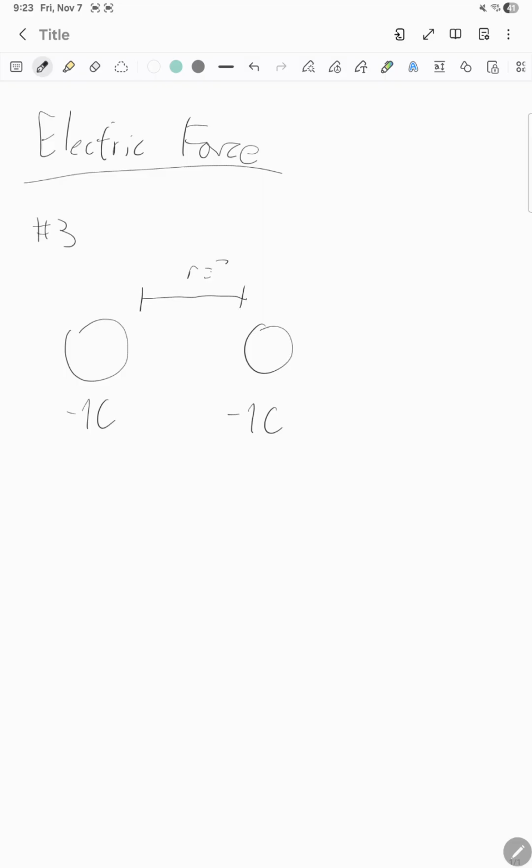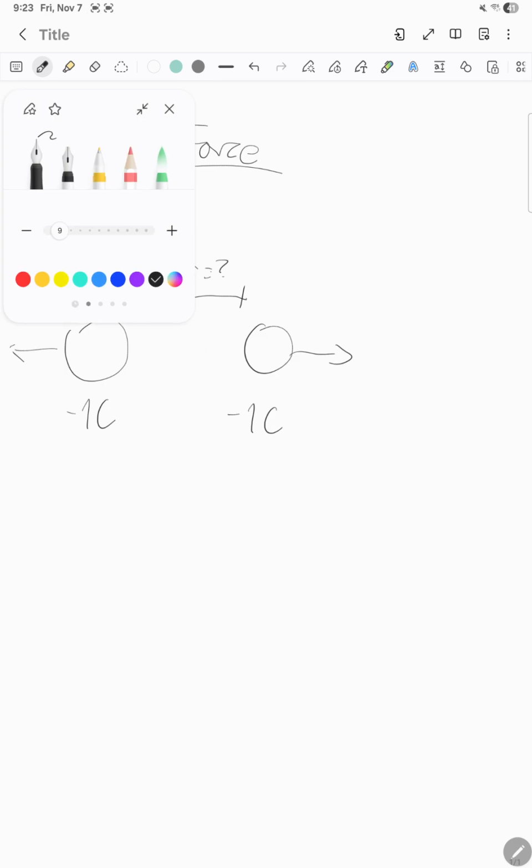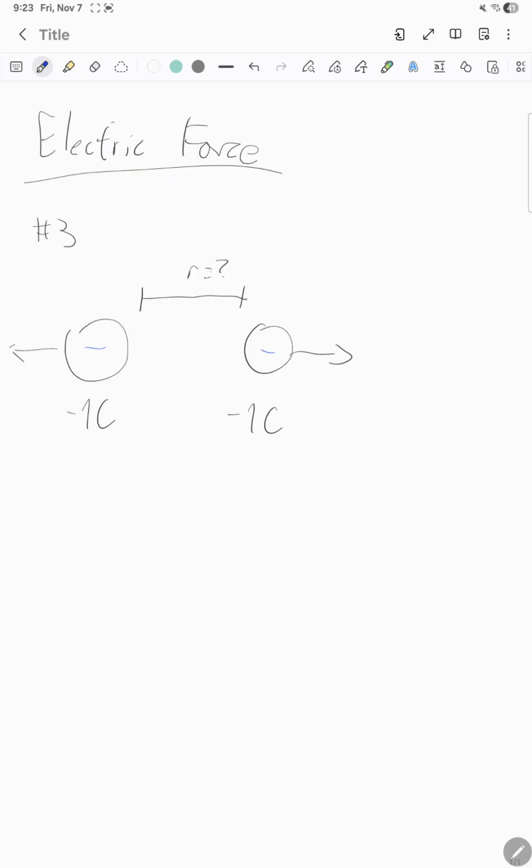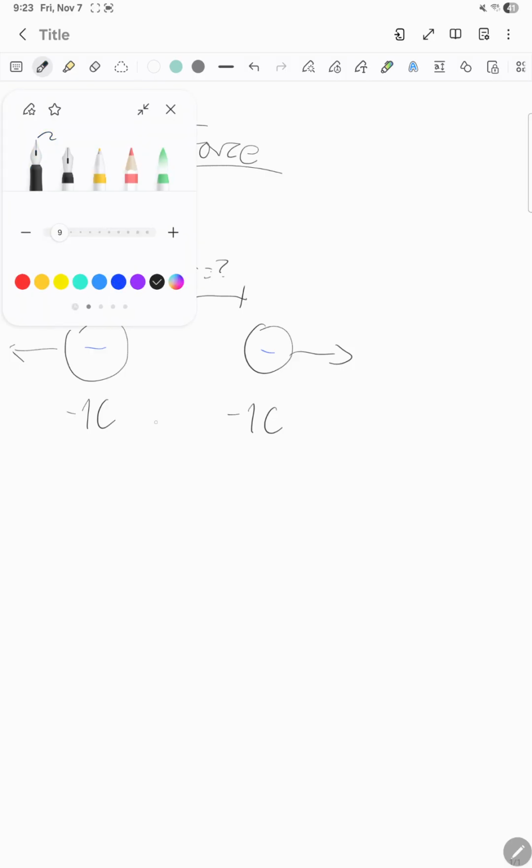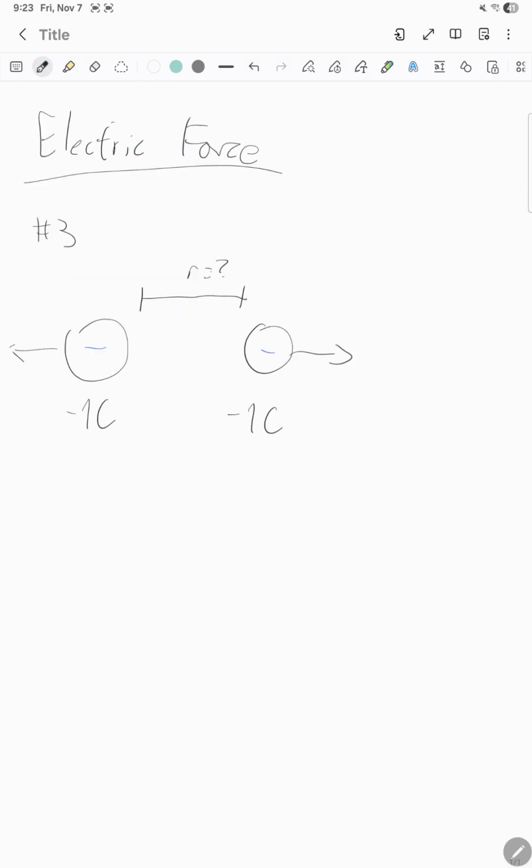We don't know r, but we know both forces will be the same. This particle will feel the same force as this one because they are the same charge basically. We do know the charges, which are -1 Coulomb and -1 Coulomb, and we know that they will feel a force of 10 newtons, but we don't know how far apart they are.